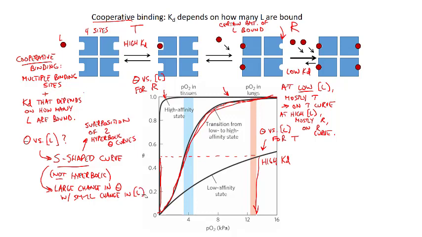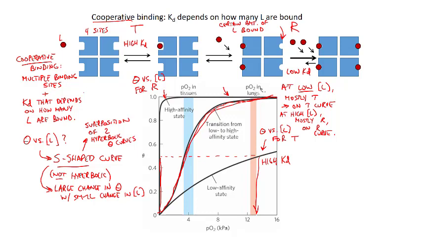So much of biology just boils down to proteins binding onto small molecules. And once the protein binds to that small molecule, its function changes in some way. And you'll notice that in the case of cooperative binding proteins, you get a big change in the amount of protein bound with a small change in ligand concentration, right?